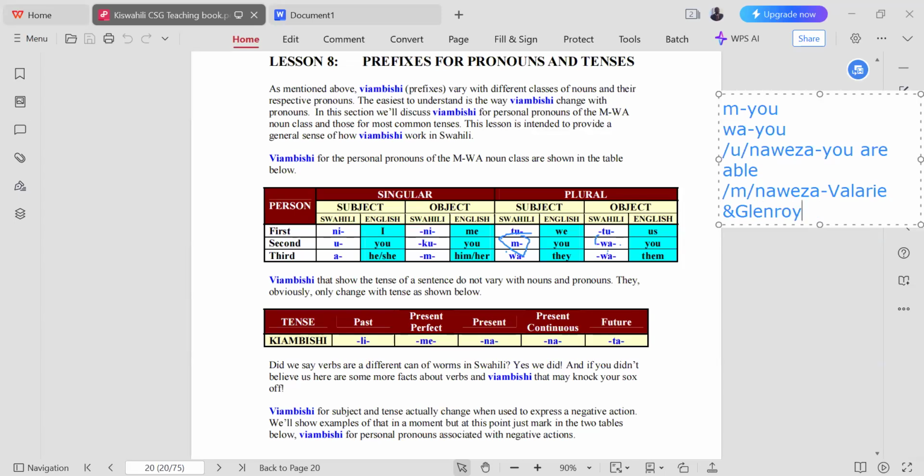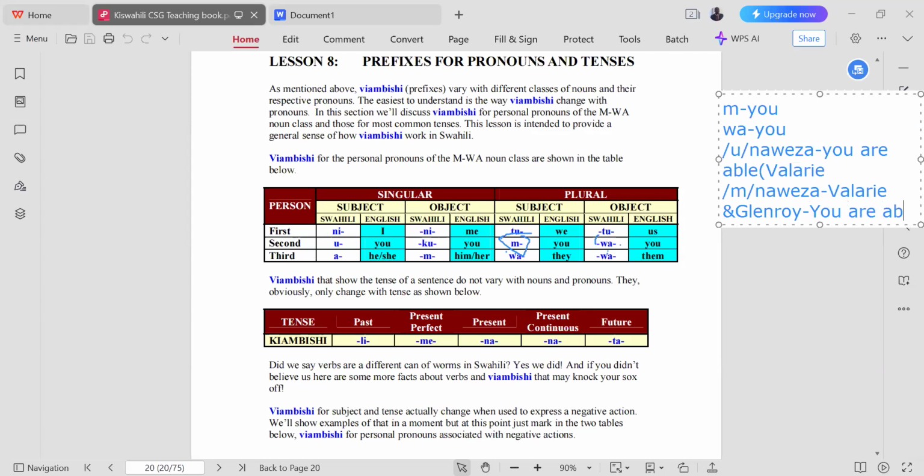But up here, when I said unaweza, I basically meant Valerie alone. You see? When I want to turn the second one, munaweza, into English, it will still follow the same format: you are able. It won't change. English will still say you are able.